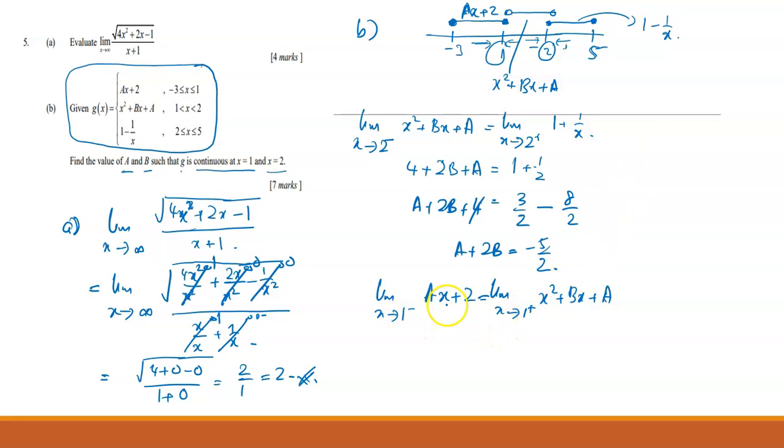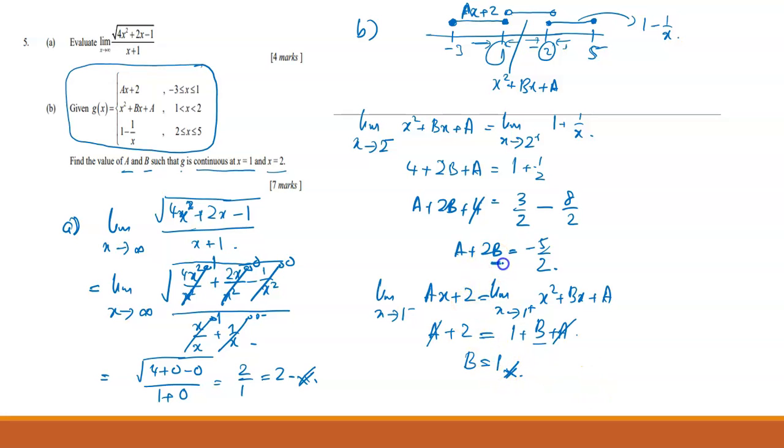Okay, so substitute x with 1 here, and we get a plus 2 equals 1 plus b plus a. Okay, a positive brought to the other side becomes negative, so a minus a equals 0. We have b here. So 1 positive to the other side becomes negative, so 2 minus 1 equals 1. So then b equals 1.